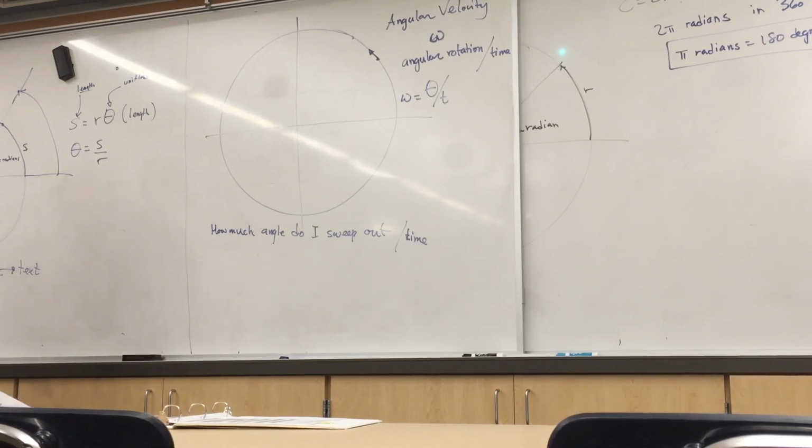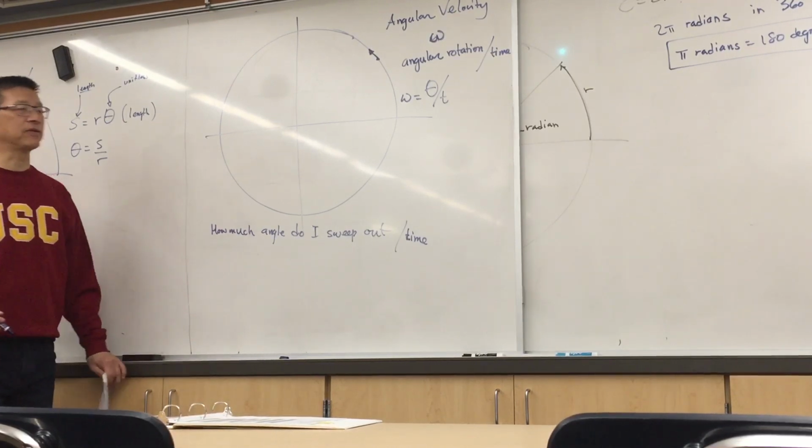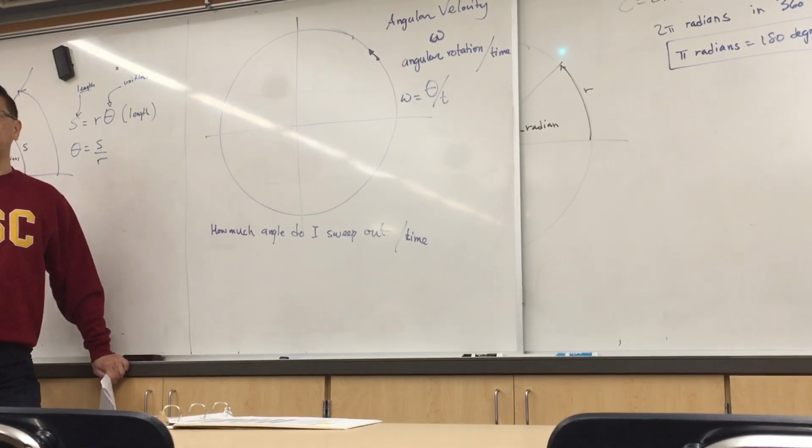You might see a problem where a Ferris wheel goes around in 30 minutes, and there the angular velocity is 2 pi radians per 30 minutes, and you can express that as hours or seconds or however you want. So it's how much does it go around?